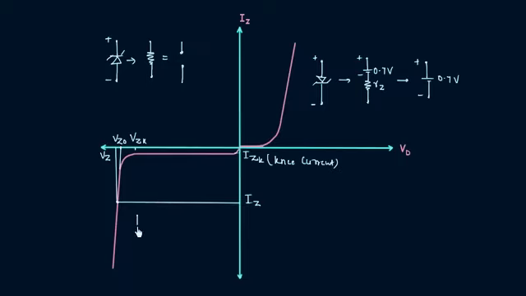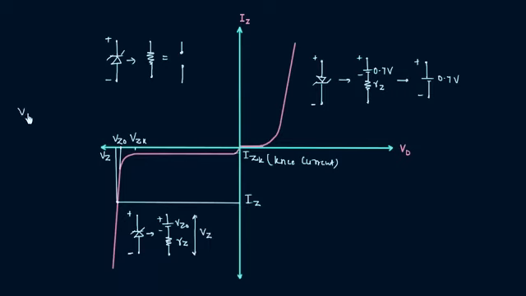I will first draw the symbol. We have to reverse bias the diode, so I will connect this side to the positive terminal and this side to the negative terminal. Then we have the potential VZ0 plus minus, and then we have the resistance of diode RZ.